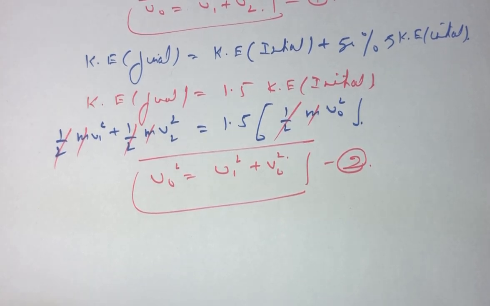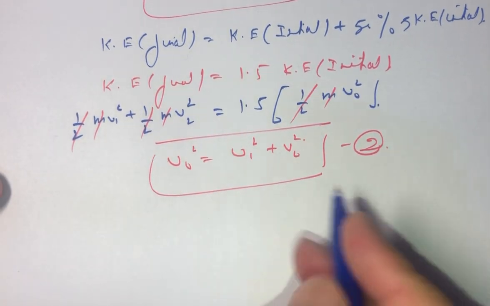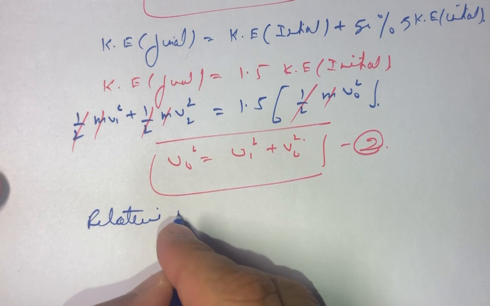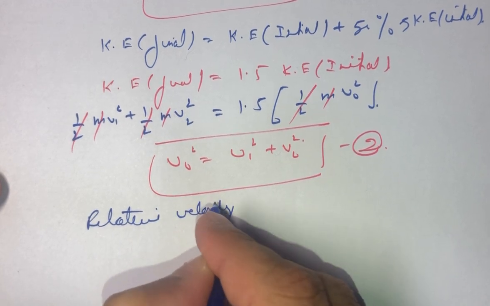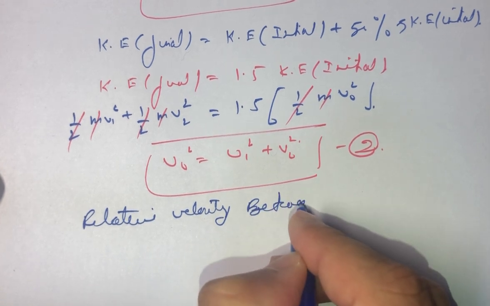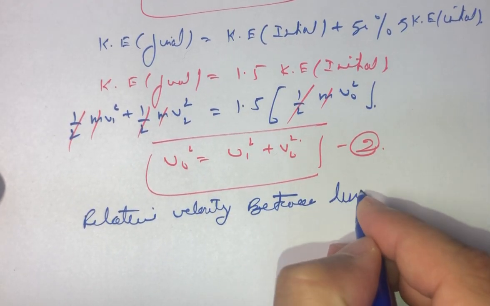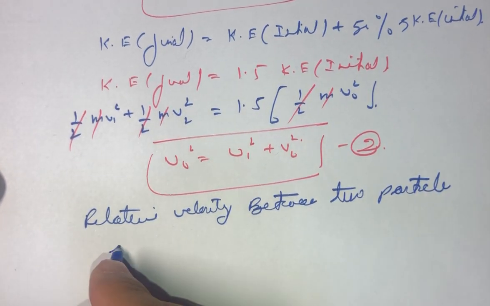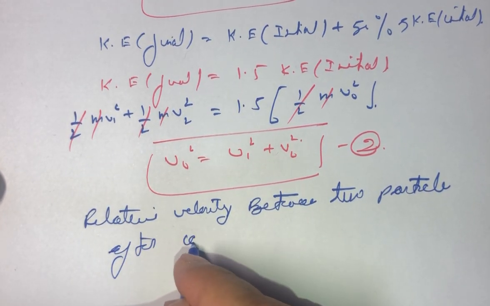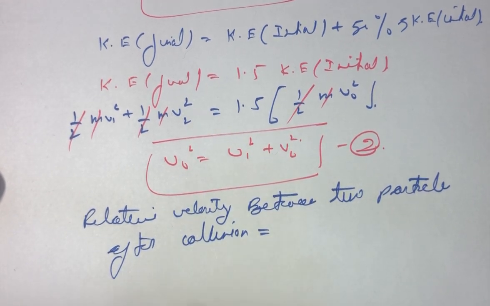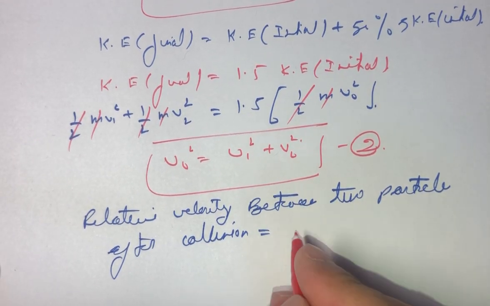Now we are supposed to find out the relative velocity between the two particles after the collision. This can be written as v1 minus v2.